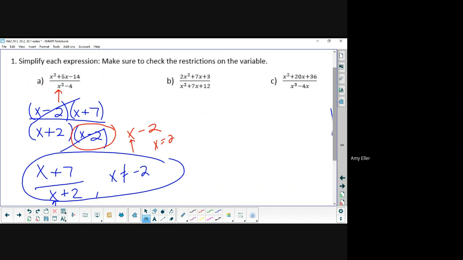No. So I also write x can't be 2. Even though that factor was crossed out, plugging 2 into my original problem would cause a problem, so I can't have it. So you want to check your denominator and anything else that ever was a denominator.